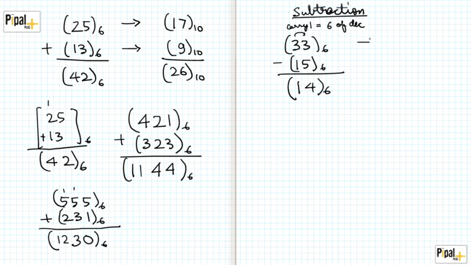Now let's verify this in decimal. 33 in base 6 is actually equal to 21 in base 10. 15 in base 6 is equal to 11 in base 10. When we subtract 11 from 21, we get 10 of base 10, and this number is 4 more than the base 6.